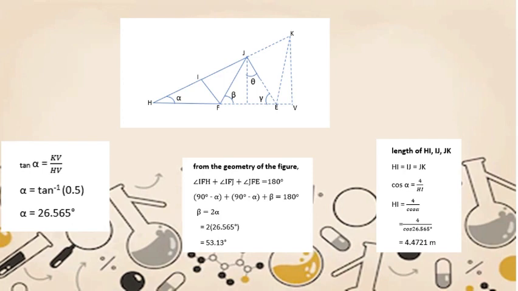By using the trigonometric equation, cos alpha equal to adjacent over hypotenuse, the equation that we obtain is cos alpha equal to 4 over HI member, where HI equal to 4 over cos alpha, and we substitute alpha equal to 26.565 degree, and we will obtain the HI member equal to 4.4721 meter.